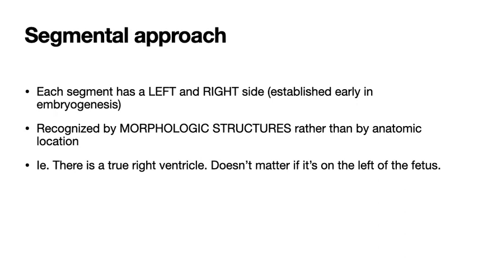That's what determines left and right, the way they're formed, not where they are. For example, there is a true right ventricle, a ventricle that has a certain shape, certain characteristics, and a certain valve that goes with it, and it doesn't matter if it's on the left side of the fetus.